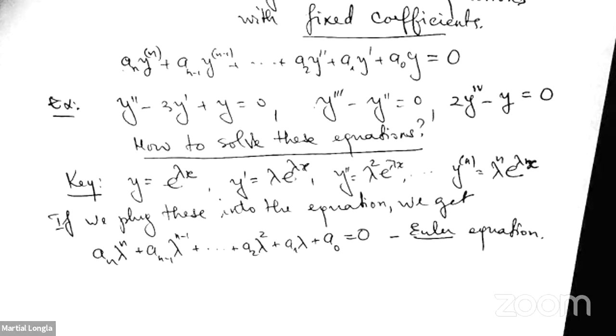Now, after noticing this, that if you take such functions, take derivatives and plug in, you get this, you realize that any equation of this form can actually give you n different values of lambda. If we're thinking in terms of complex numbers, that's always the case.